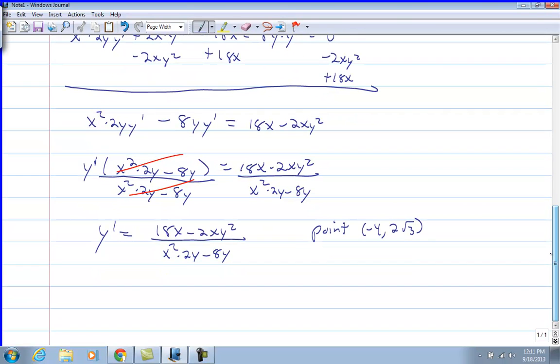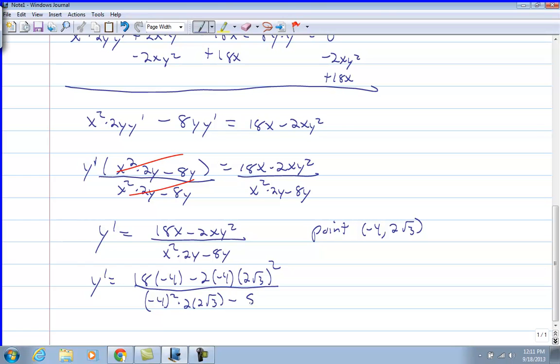Y prime is equal to 18 times negative 4 minus 2 times negative 4 times 2 times the square root of 3 squared, over x squared, which would be negative 4 squared, times 2 times 2 root 3, minus 8 times 2 root 3.